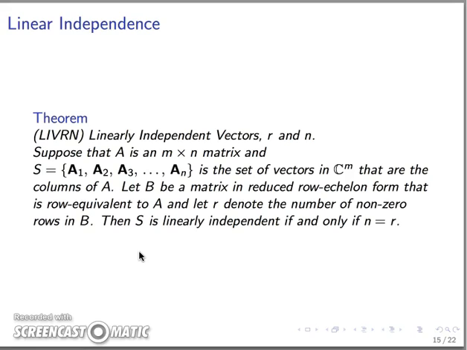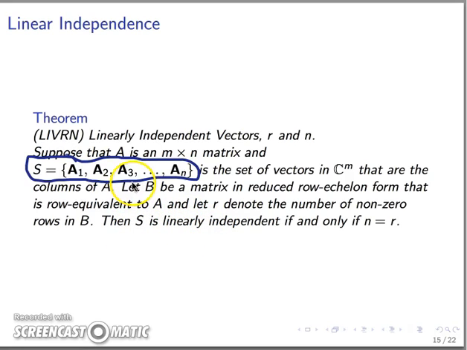Now consider this theorem. Suppose we have a matrix storing columns that define a set of vectors in Cm, and B is the RREF of this matrix. This is another direct way of ruling on independence.